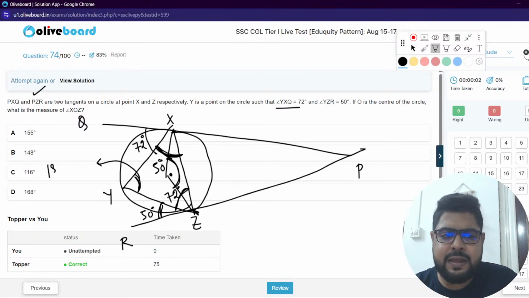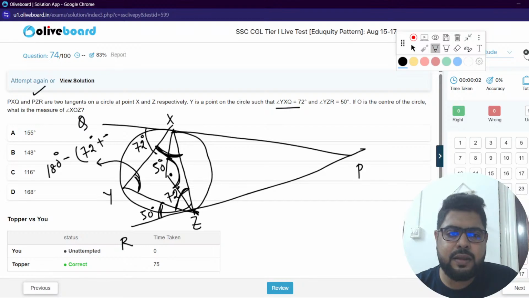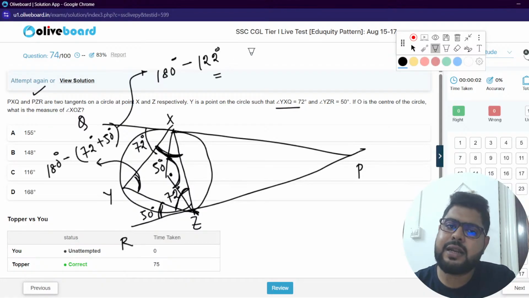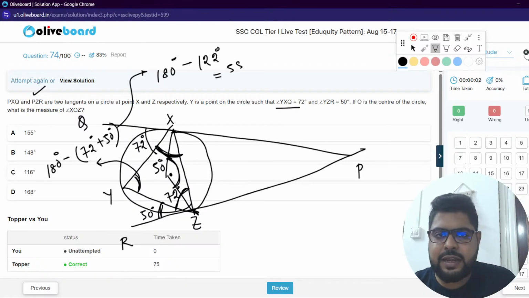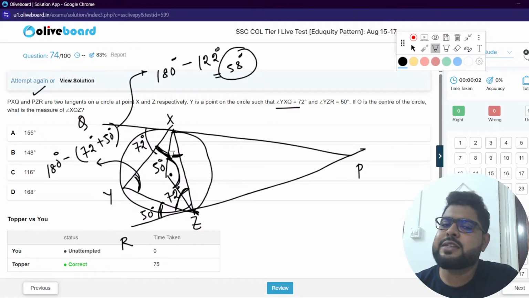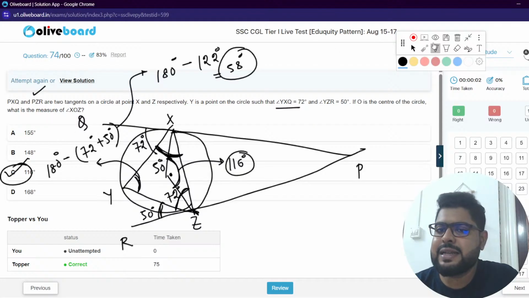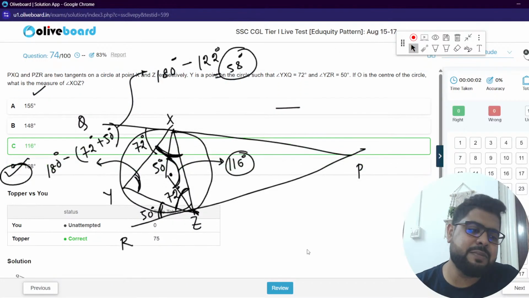So 180 minus 72 and 50, that is 180 minus 122, so 58 degrees. So if this is 58, it will be double, sir. So 116 degrees. That is your answer, option number C, sir.